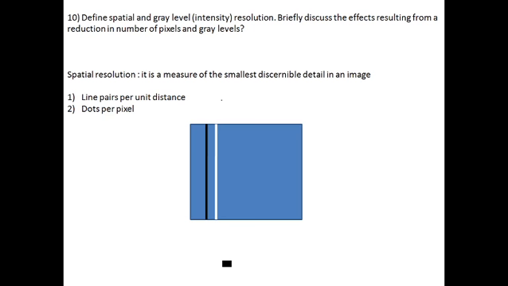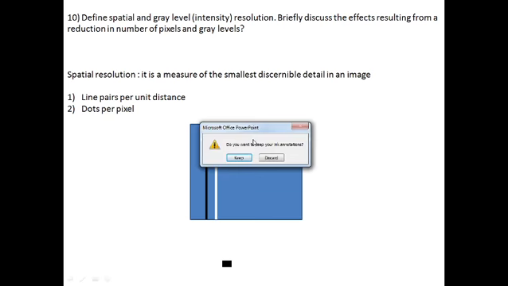In the case of line pairs, this is the image. Whatever blue color you are looking at is an image. In order to measure the spatial resolution, we take a pair of lines.